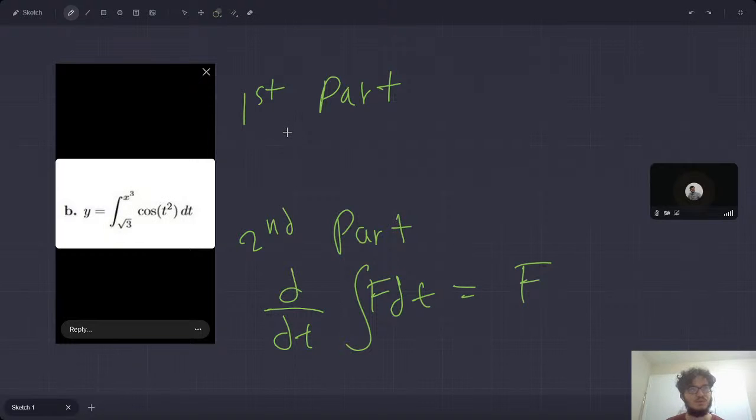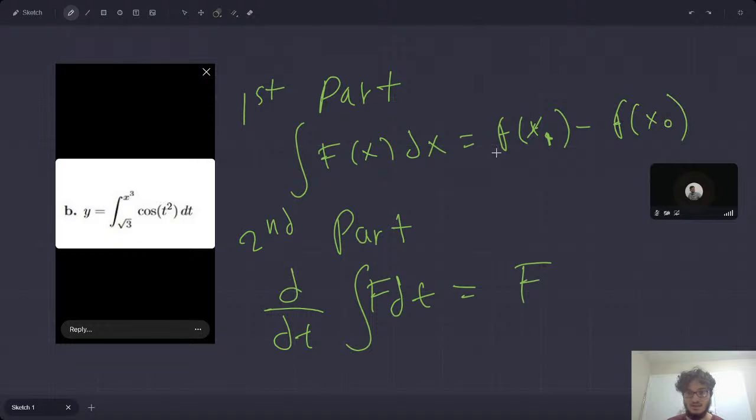I think the first part was just integrating. Yeah, it's just the integral of f of x dx, which is f of x1 minus f of x0 if it goes from x0 to x1.